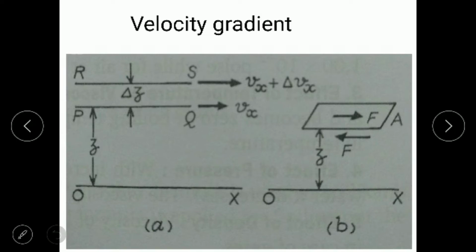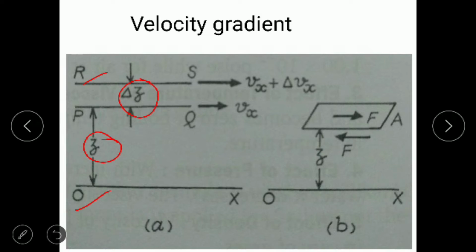Now we consider two parallel layers PQ and RS. The distance of PQ from OX is Z and the distance of RS from PQ is del Z. So it is just a fraction more distance than the previous distance. Over here the distance is Z, and the distance from OX to layer RS increases by this amount del Z. In the different layers we have different velocity.